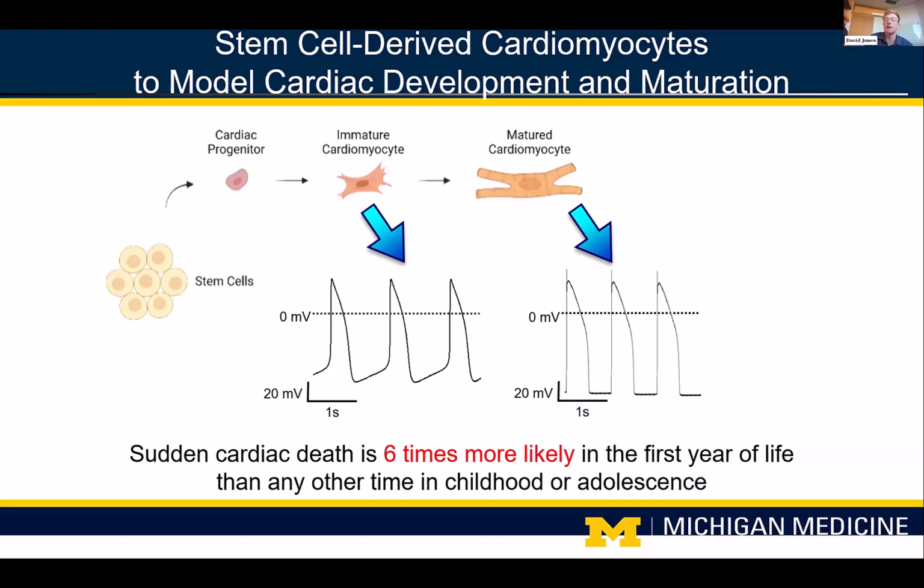And so stem cell-derived cardiomyocytes, because we're able to make them continuously, really represents a new frontier, I guess, in our ability to model the earliest stages of electrophysiological development, and try to understand what makes an infant so susceptible to sudden death.